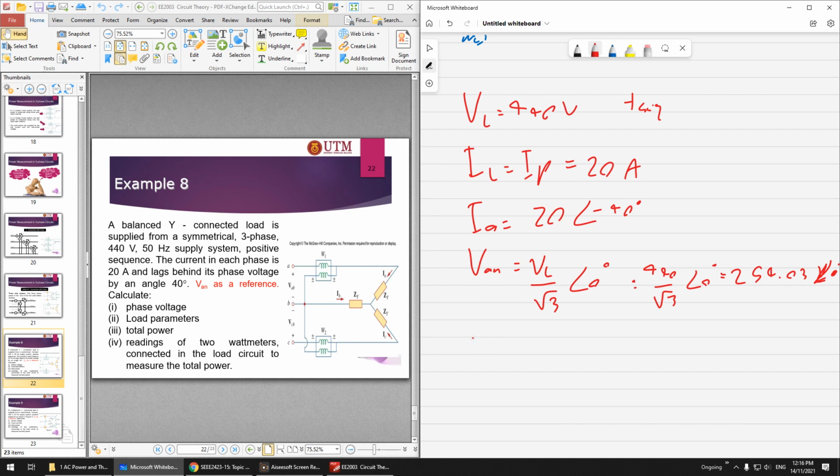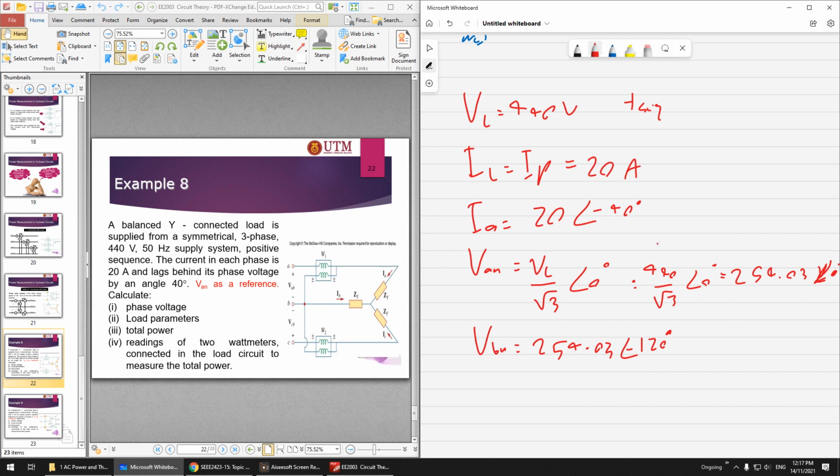Next is VBN, which is 254.034 angle negative 120 degrees.